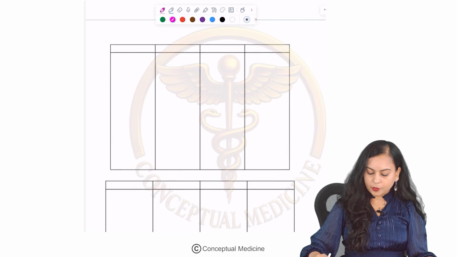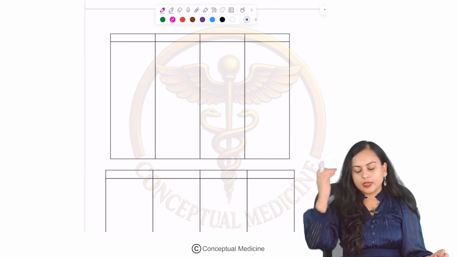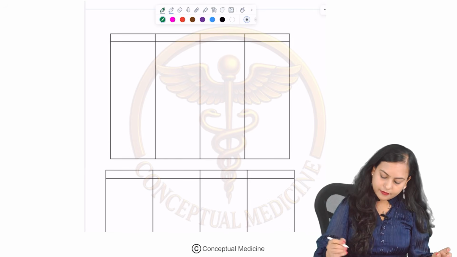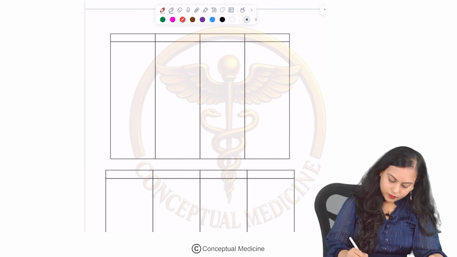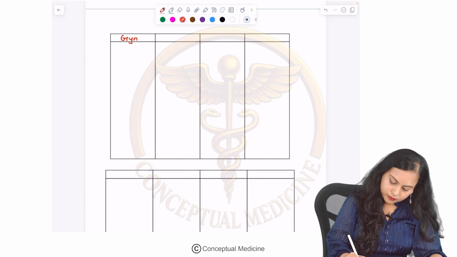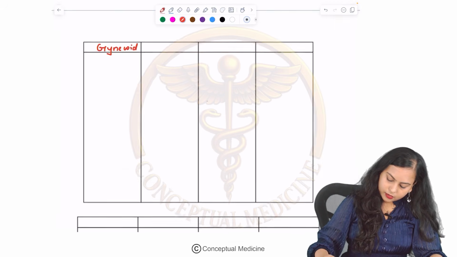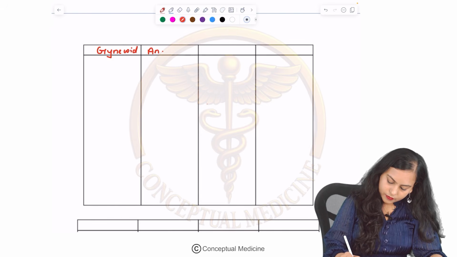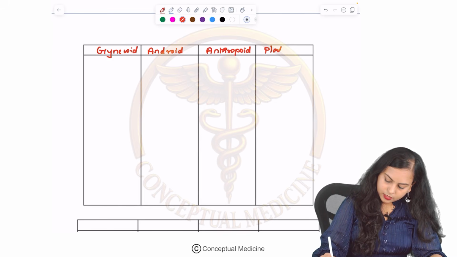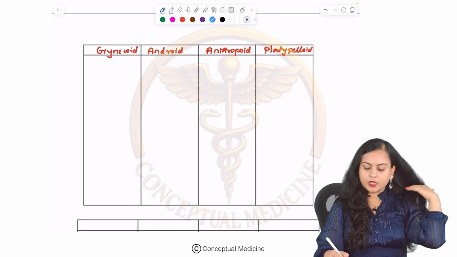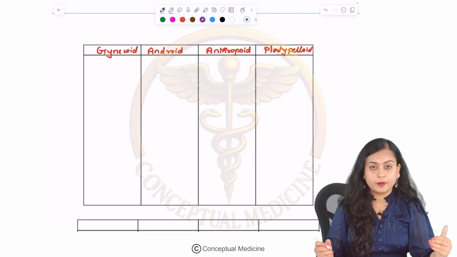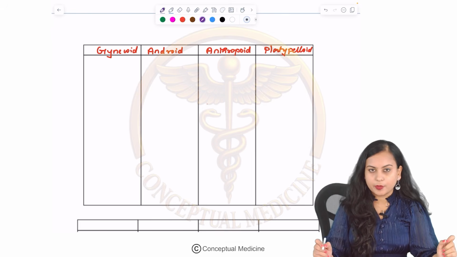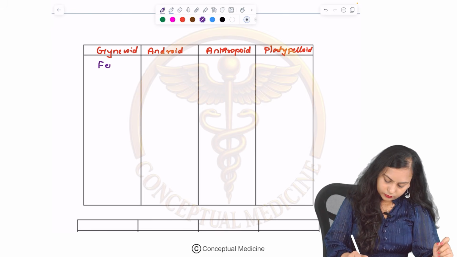Now, let us discuss the importance of each type of pelvis. First we have the gynecoid, android, anthropoid and platypelloid. Remember, gynecoid pelvis is a typical female pelvis and it is the most common type of pelvis.